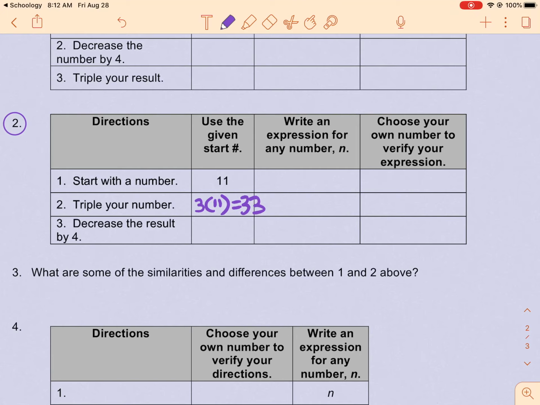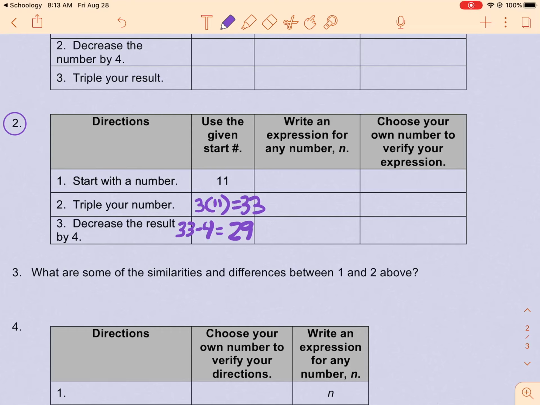Then it says to decrease the result by 4. So to decrease something, we're thinking subtraction. So it's saying take your last answer and subtract by 4. So we're taking 33 minus 4, which gives us 29.